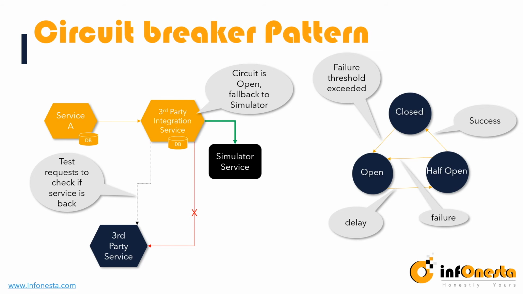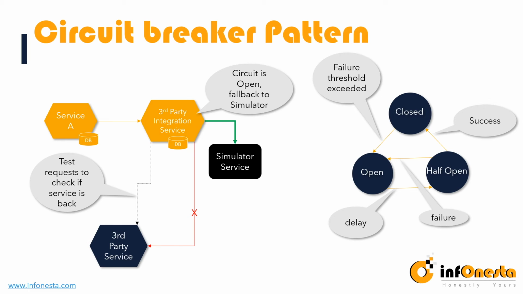Next is circuit breaker pattern. Our service needs to have high fault tolerance, meaning our service should be able to auto recover from failures. The problem that we are addressing here is to prevent a service failure from cascading to the other services. Circuit breaker pattern can be implemented to recognize if service is good or it's failed.